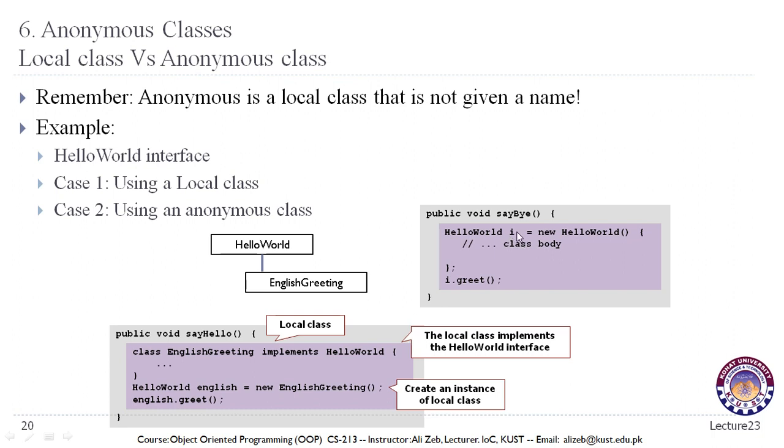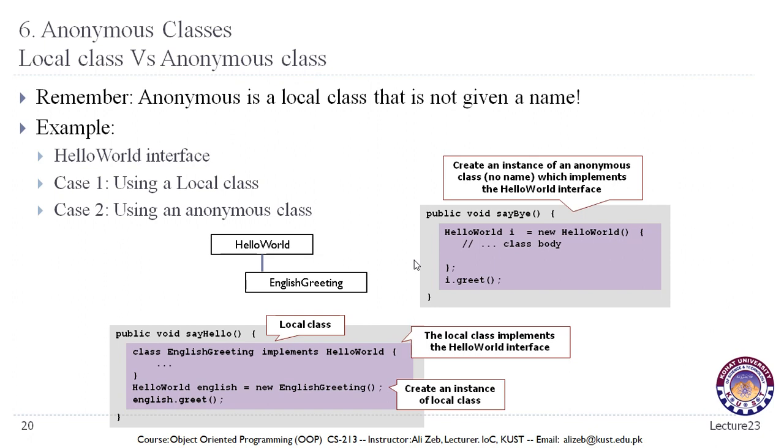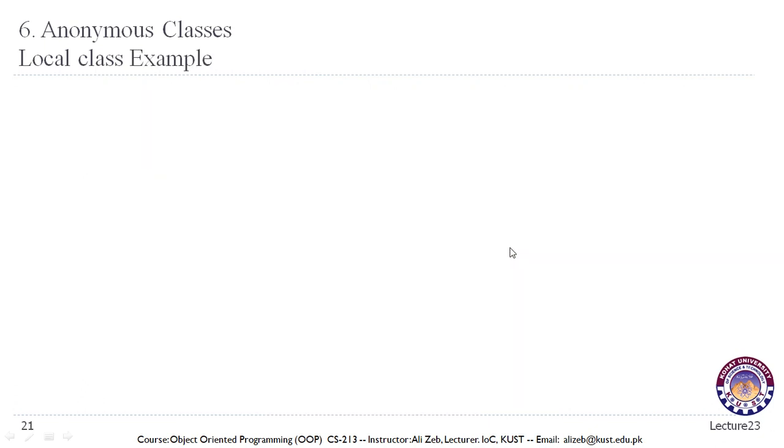It will return and store the class in this object or this variable, and we can then call the greet method of the interface. We create an instance of an anonymous class without any name, which implements the hello world interface, and we implement this interface inside this class without giving it any name.